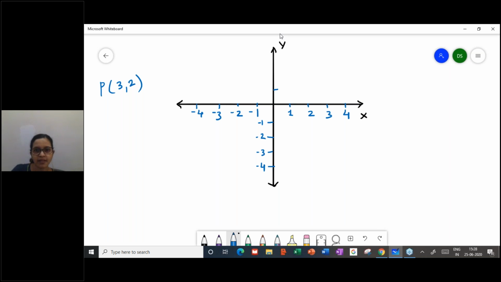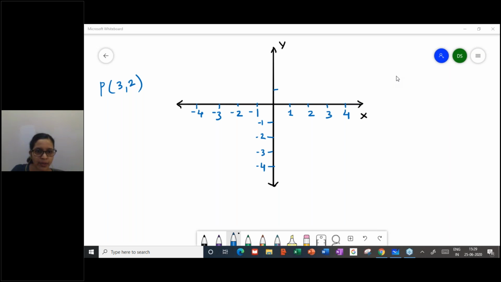Sometimes you can take this distance to be 1 centimeter and this distance to be 2 centimeters, or 1.5 centimeters. That's also valid, but you need to mention it in the scale then.